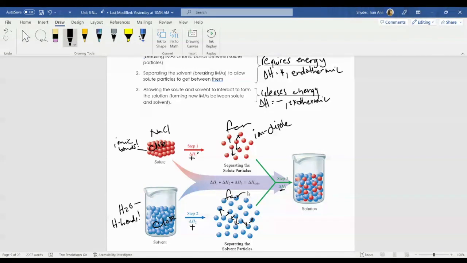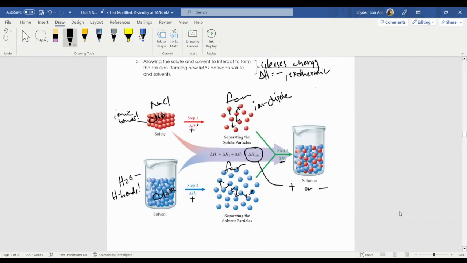It depends on whether this particular process is releasing energy on the whole, or absorbing energy on the whole. So your heat of solution for step 1 plus your heat of solution for step 2 plus your heat of solution for step 3 gives me the overall heat of solution. And this could be positive or negative, depending how much energy is required for those individual processes.